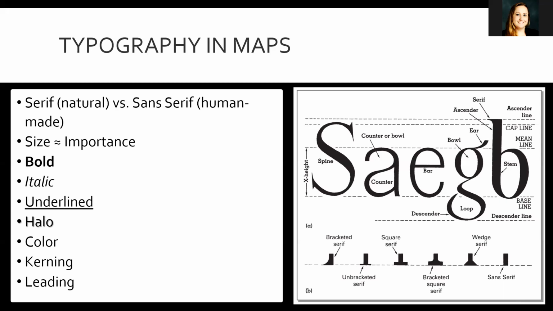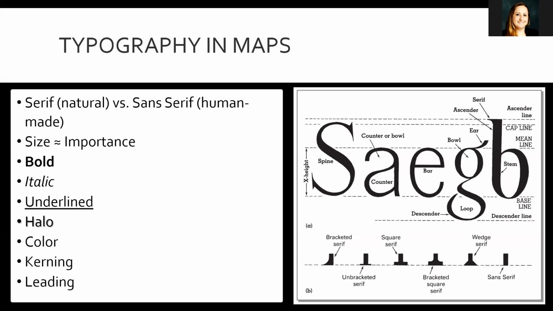Halos are lines that surround the text, so it isn't 100% accurate in this slide, but most commonly you will have black text with a white halo or white text with a black halo, and that helps create a large amount of contrast and differentiate between the text and the background, which is particularly important if you have a background that changes in colors from light to dark.